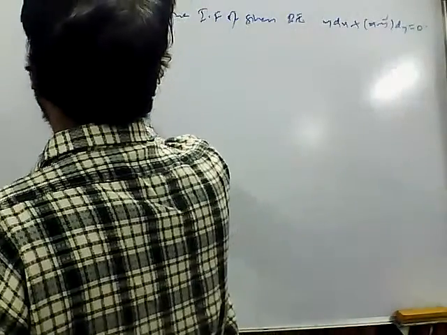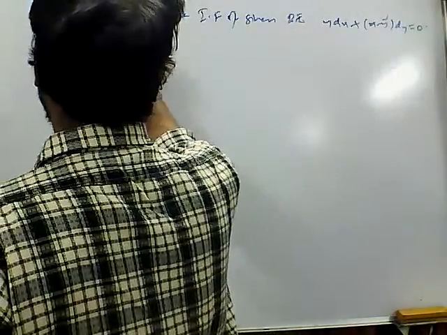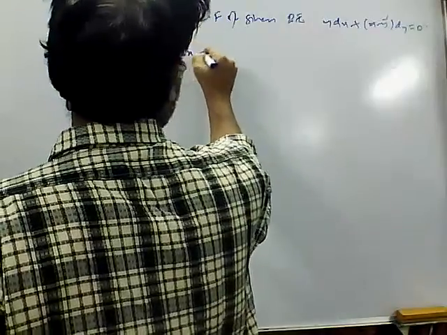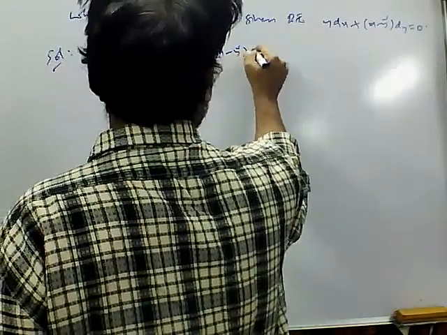So the solution of the given differential equation is y dx plus (x minus y square) dy is equal to 0.